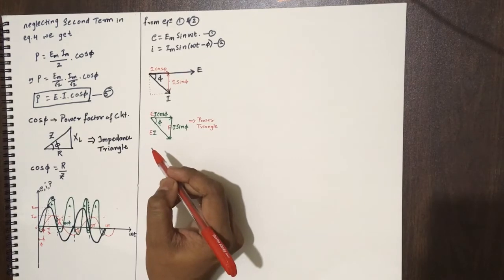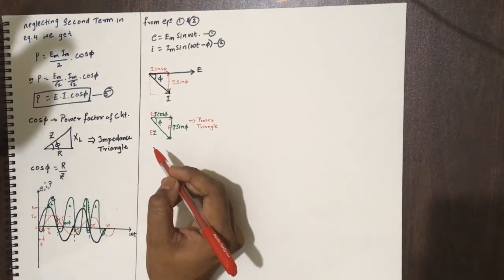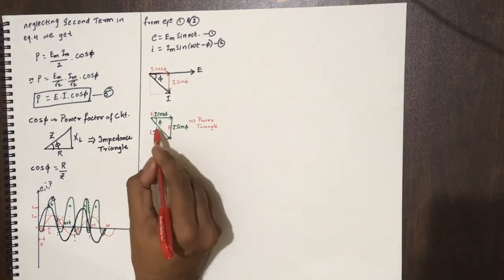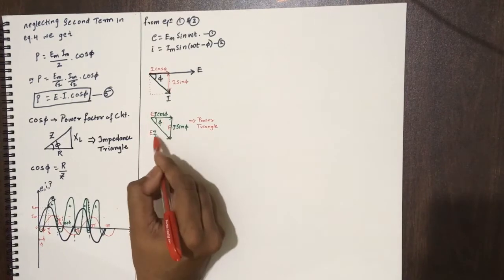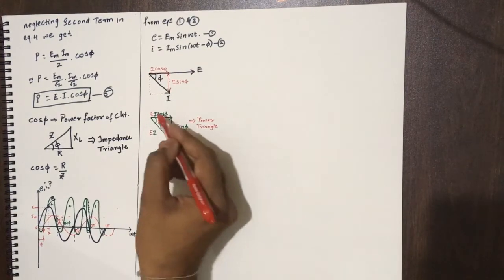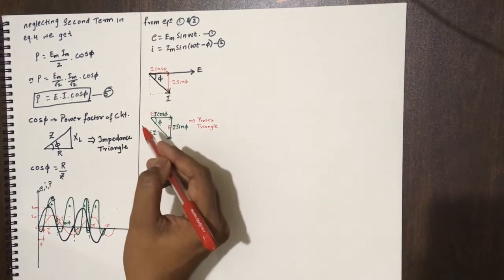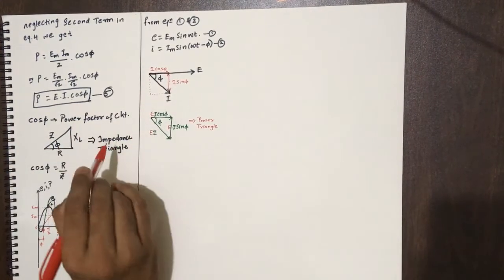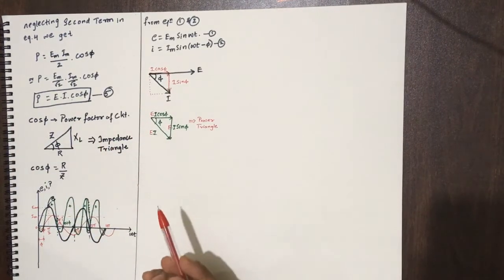Now the question is, which power is dissipated and which power is stored, because we have two power components: one is EI cos phi, the other is EI sin phi.